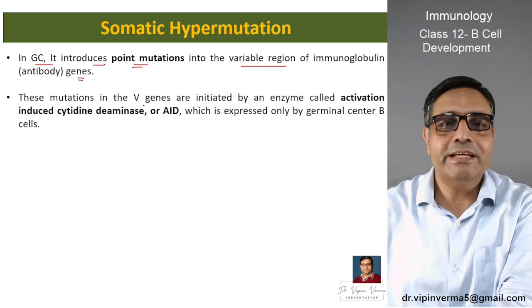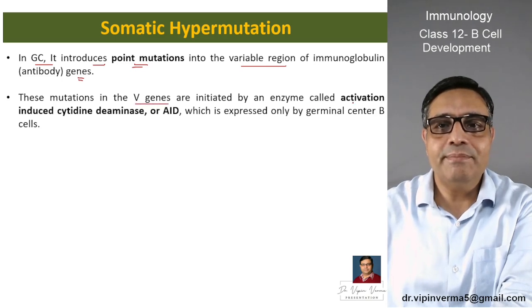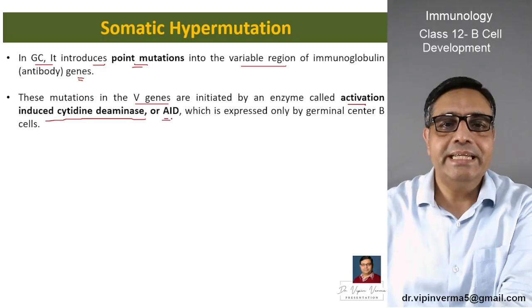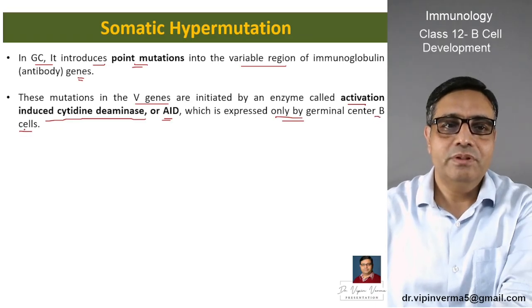These mutations in the variable genes are initiated by an enzyme called activation induced cytidine deaminase, which is AID. This enzyme is important for somatic hypermutation, and it is expressed only by germinal center B cells, right?